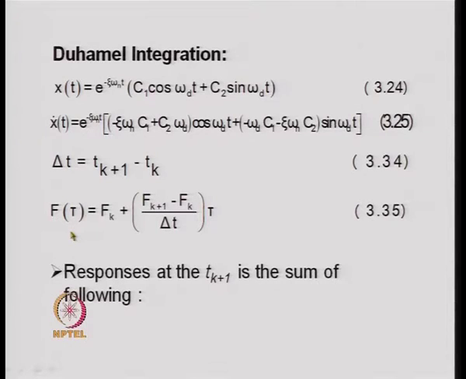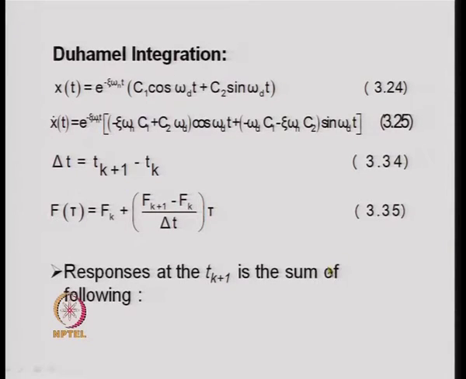What we do is that at time t k, we know the forcing function f k. We also know the forcing function at k plus 1 time. Then we consider that the force between f k and f k plus 1 is varying linearly.